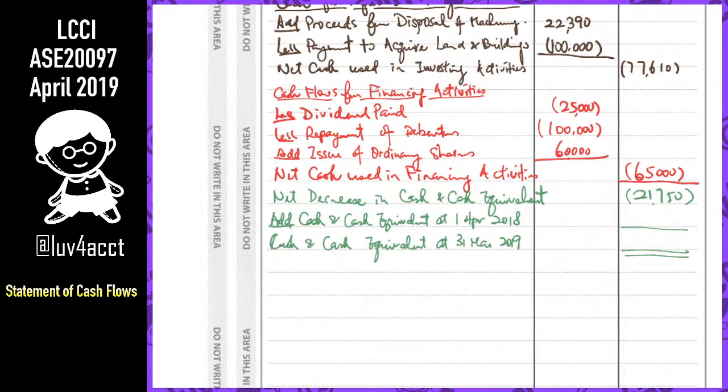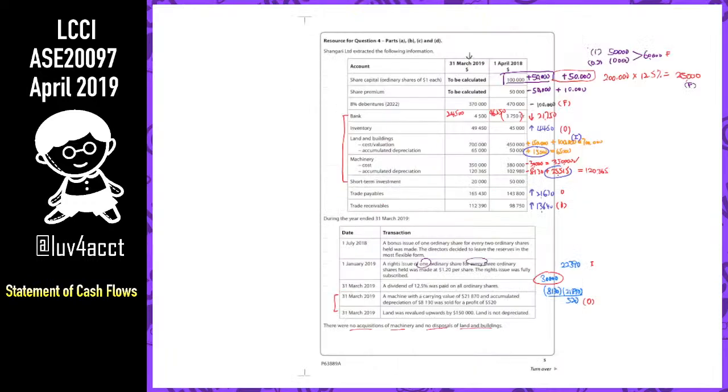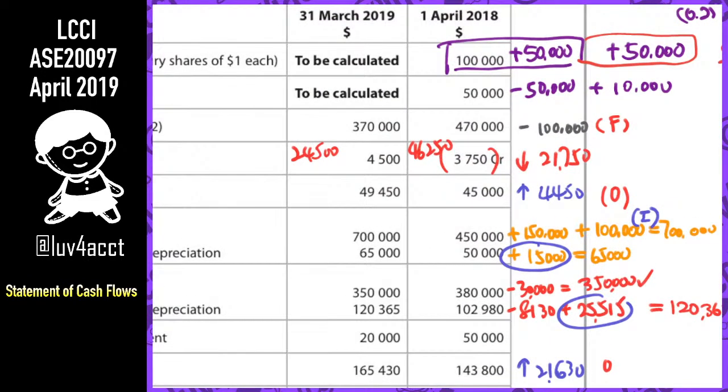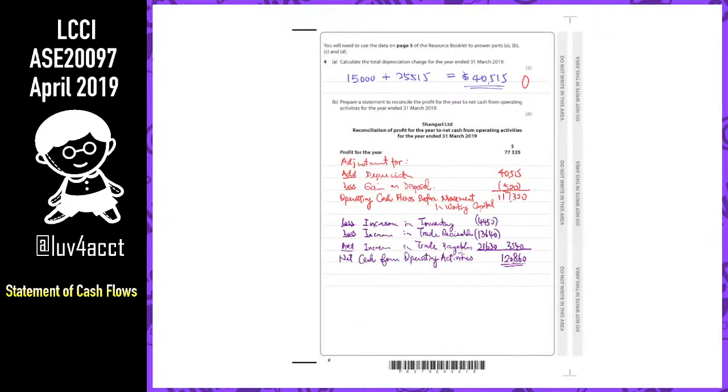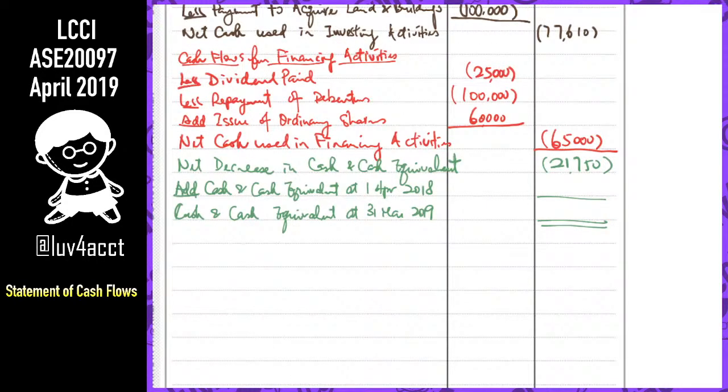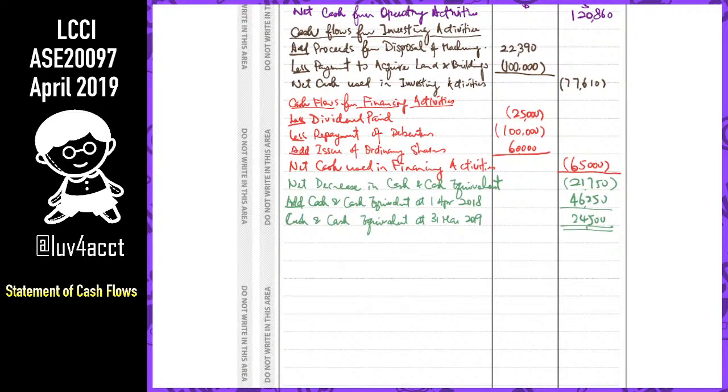Let's see. 21750, yes, okay, it is correct. 21750 negative. Okay, so opening balance 46250, closing balance 24500. Let us put it to the statement. 46250 and then 24500. Yes, correct. Okay, done.